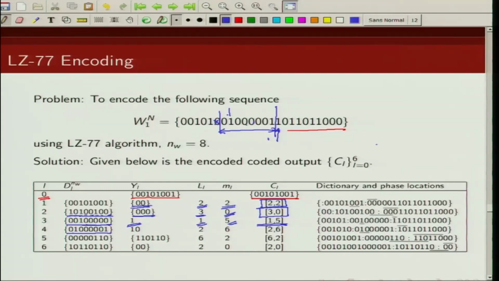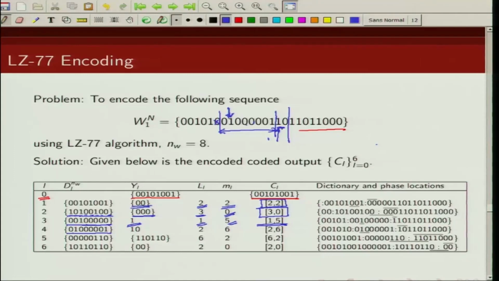Now we again start with this symbol 1. There is a match here, there is a match here. Now 10: there is a match here, but here there is no match. So there is a match only here. What about 101? There is no match of 101. You can see this is 100. So the largest match that we are getting corresponds to 10.